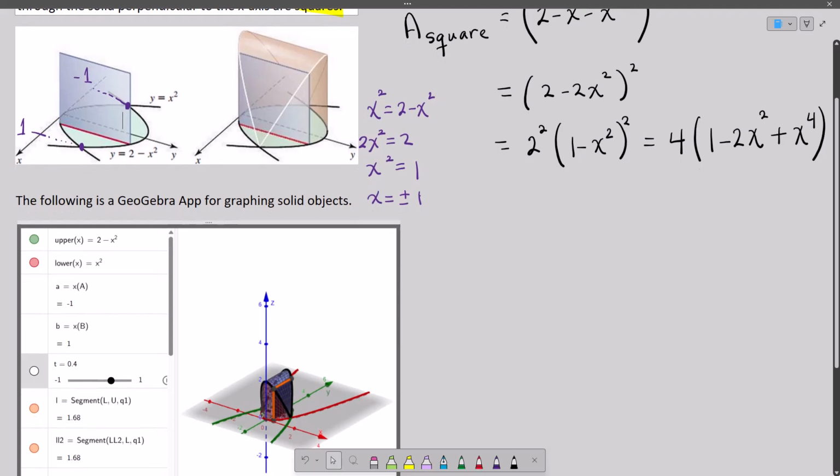Could we use symmetry here? Are these two parabolas symmetric around the y-axis? One of them is y equals x squared, which is definitely symmetric about the y-axis. The second one is y equals negative x squared, which opens down.